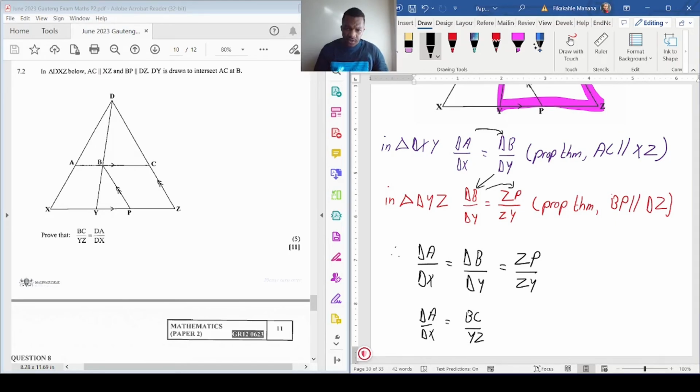Now, if you look at what's going on here, we have this dA there, we have this dx there, I'm going with the question, and then we have BC rather, and the YZ.